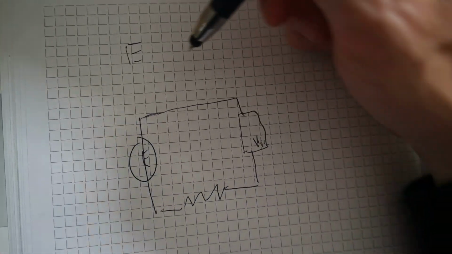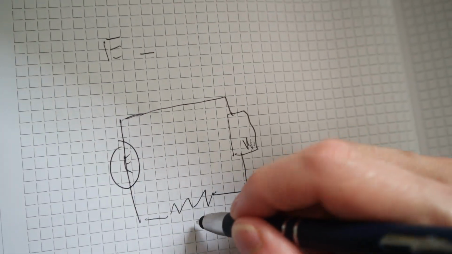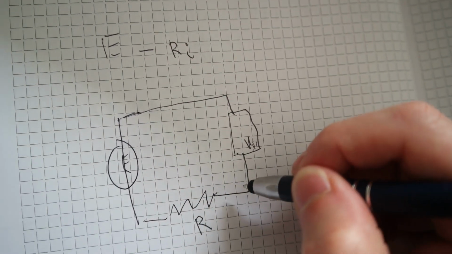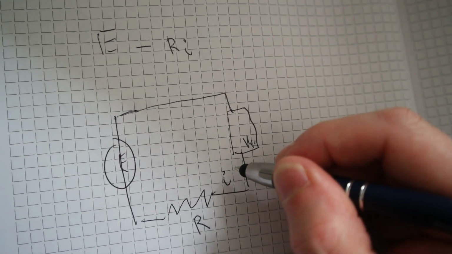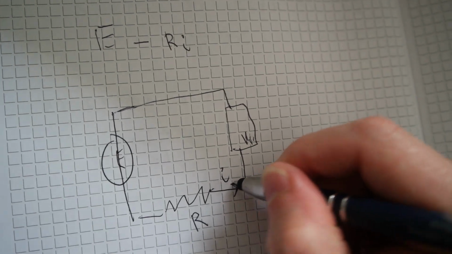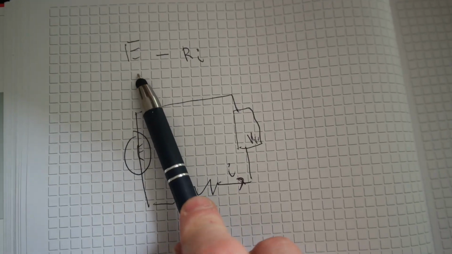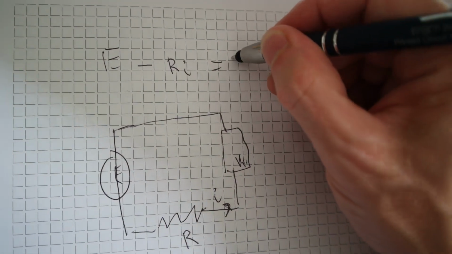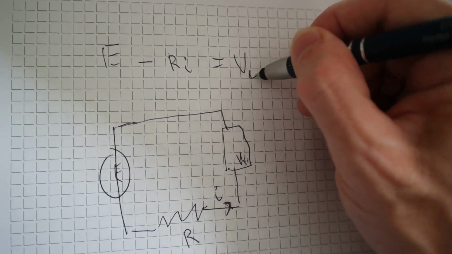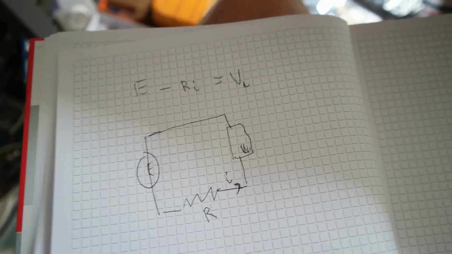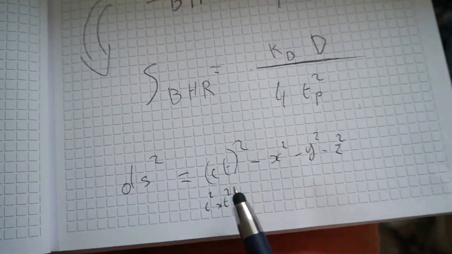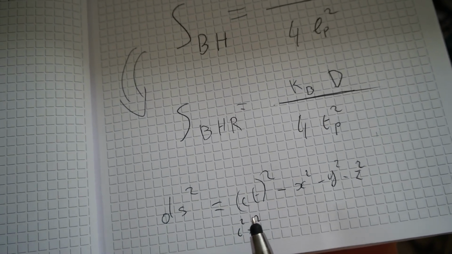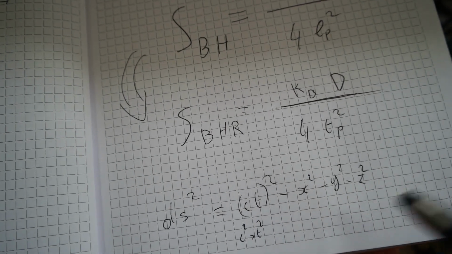It's the voltage of the generator minus R, and I, I will call I the current passing through the circuit. And so we have the potential minus the used current, and we have voltage over this load. All right, I know it sounds not habitual, but it could work like that.